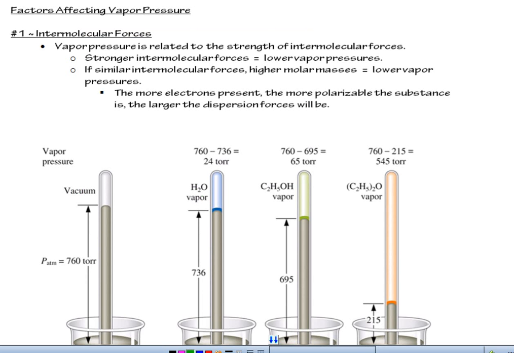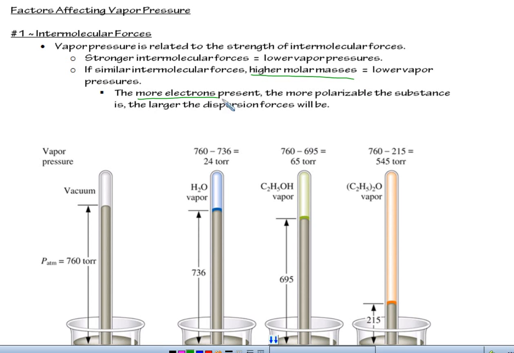And we'd also mentioned previously that if we have similar intermolecular forces, then we look at things like electron count. Now here it mentions higher molar mass, which isn't technically wrong, but this is the better explanation.